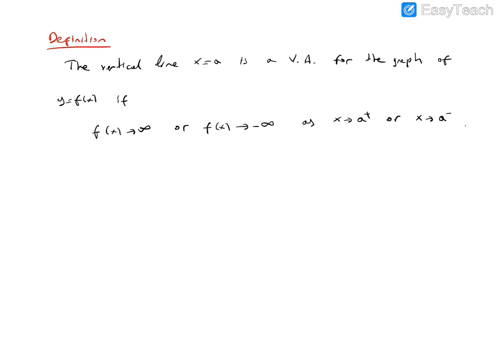How do we locate vertical asymptotes? If f is a polynomial function, as we have already discussed, then the limit of f of x is equal to the real number f of a. So a polynomial function has no vertical asymptote.